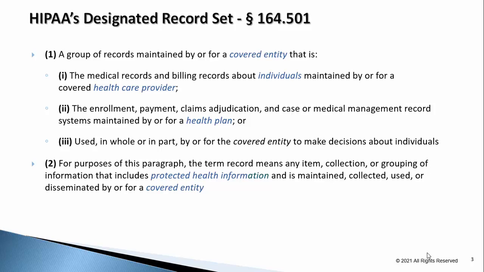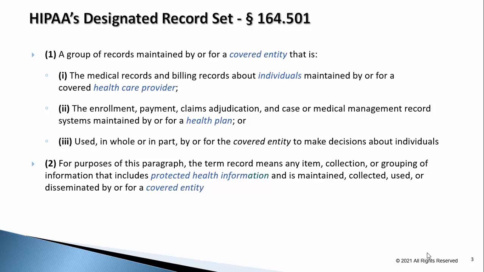It also can be enrollment, payment, claims adjudication, case management, or medical management record systems maintained by a health plan, or is used in whole or part by a covered entity to make decisions about individuals. For the purposes of this paragraph, the term record means any item, collection, or grouping of information that includes protected health information and is maintained, collected, used or disseminated by a covered entity.